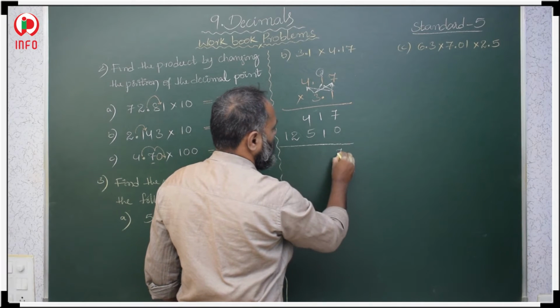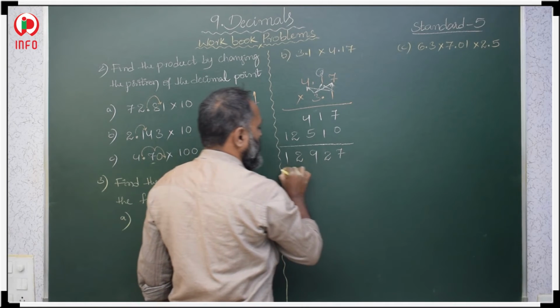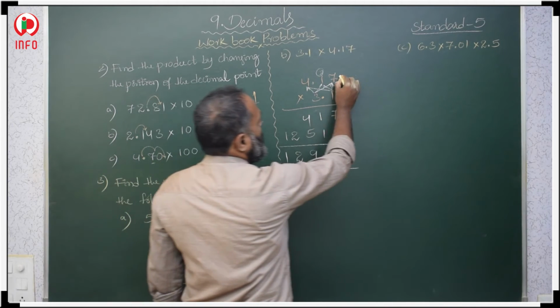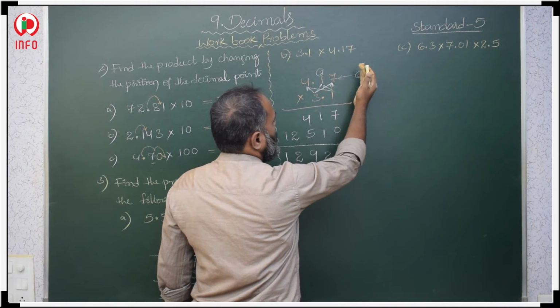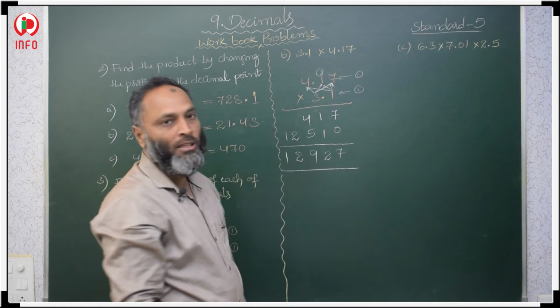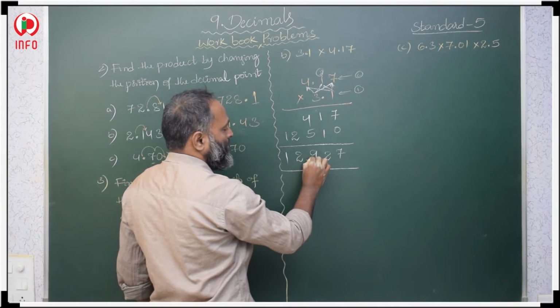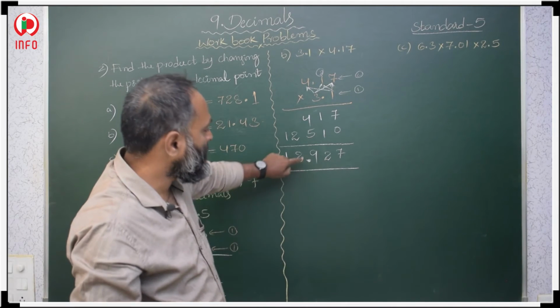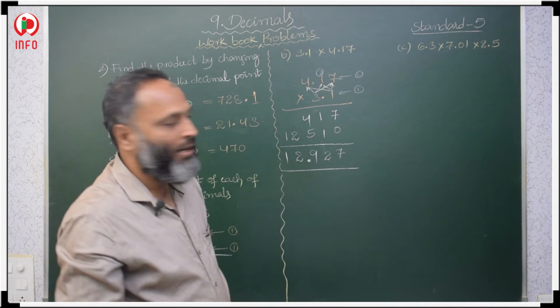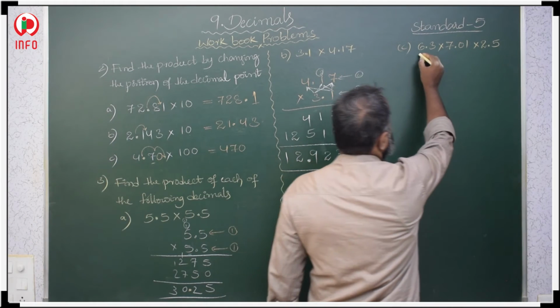Now 7, 2, 9, 2, 1. Here after 2 digits we have a decimal from right to left, and after 1 digit. 2 plus 1, 3. After 3 digits we keep a decimal, that is 12.927.